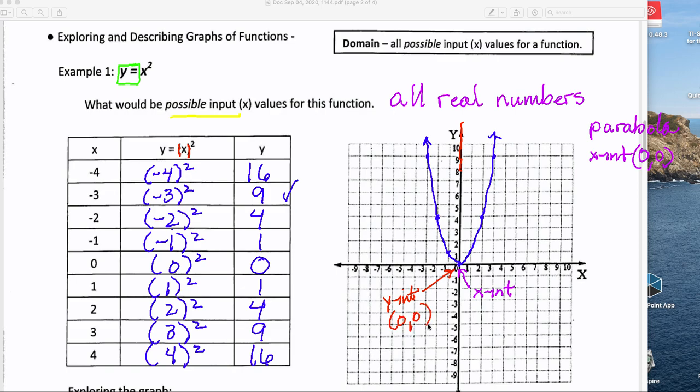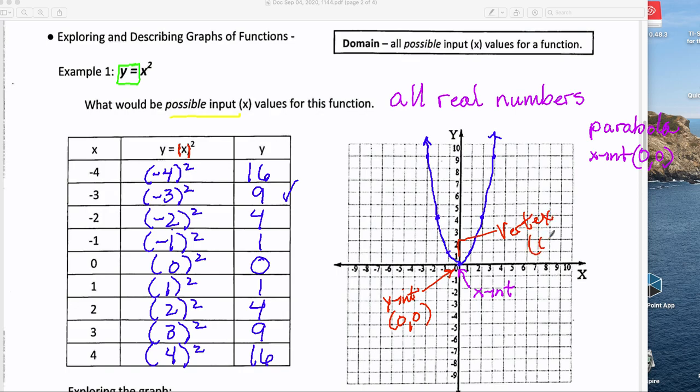Okay, remember from the vocabulary, the vertex was the highest or lowest point on the graph. All right, the lowest point on this graph is right there. Erase this because it's too much stuff. The lowest point on this graph is right here. So that tells me that I also have a vertex right there.